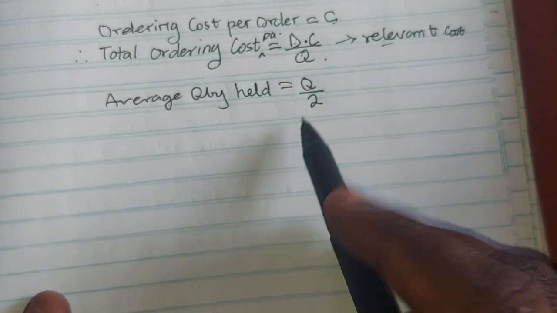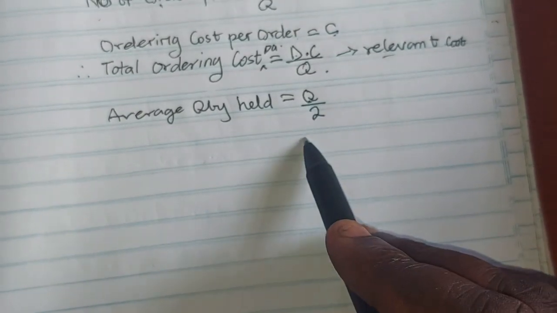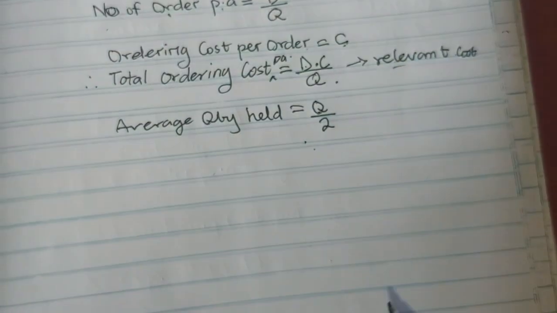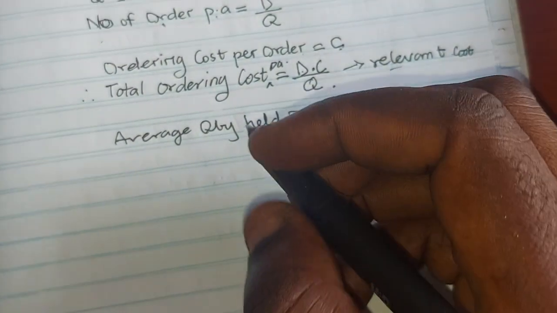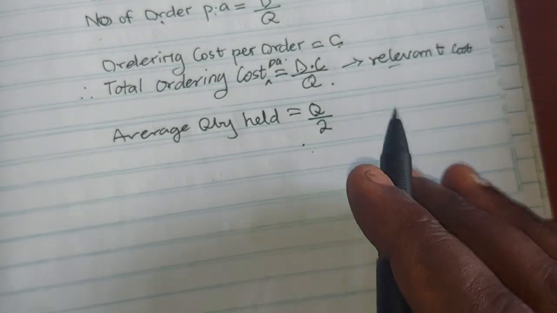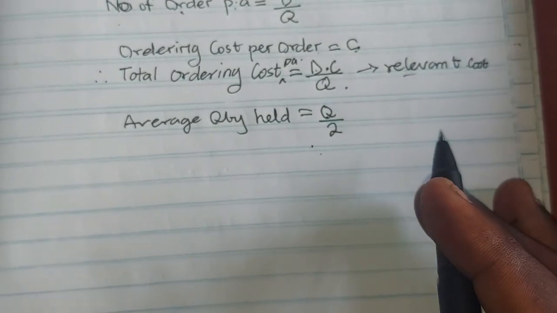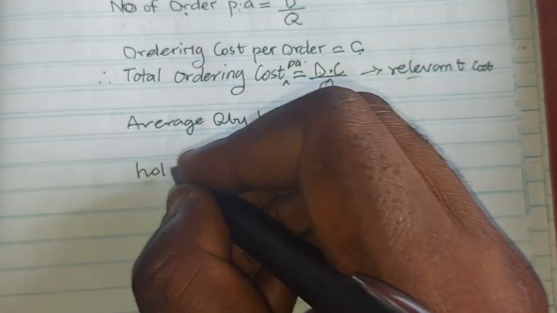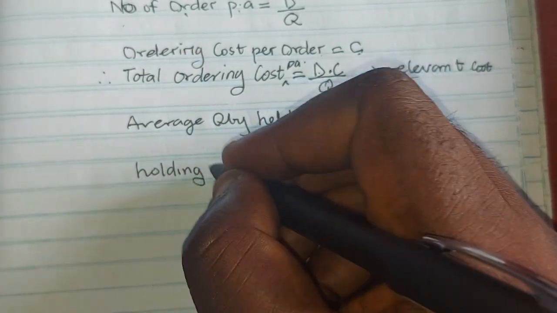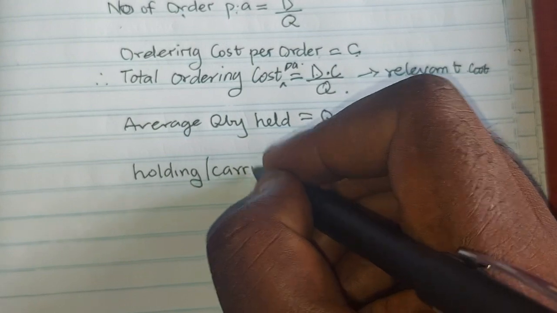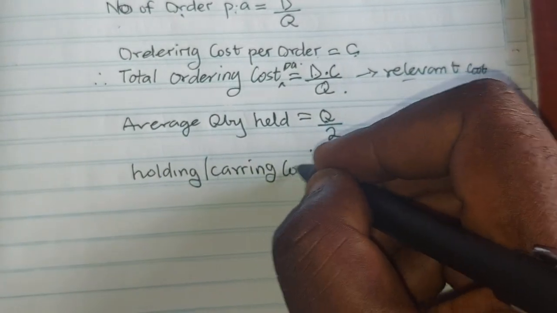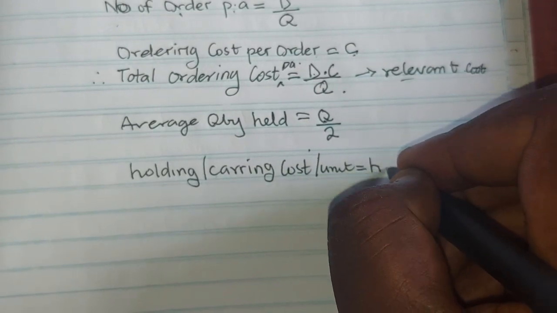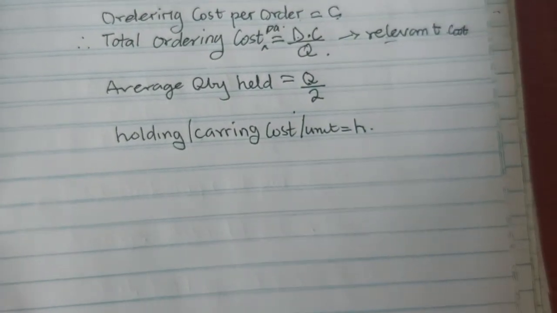Average quantity held, that's the ordering quantity divided by 2. Now to hold one unit you have to incur cost. The organization also incurs cost to hold a unit, so we call it holding or carrying costs per unit, and let's represent that by H.